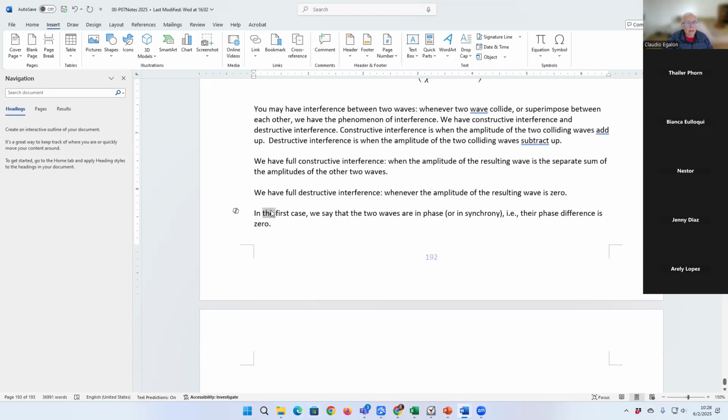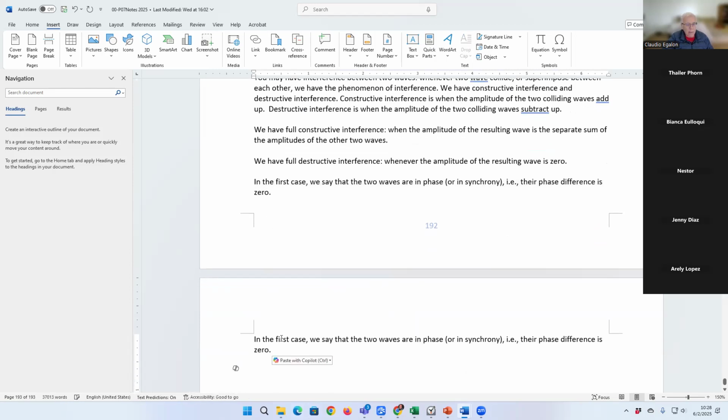In the second case, we say that the two waves are completely out of phase, or completely out of synchrony.